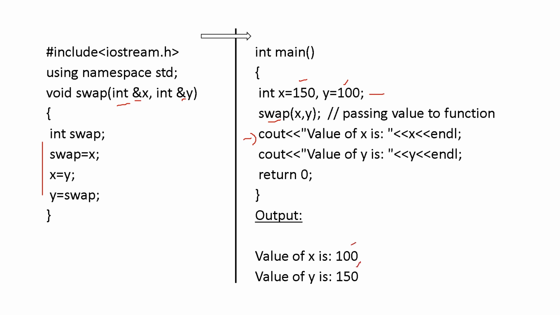Here the given was x is 150 and y was 100. So with these values, it comes to the swap, and it will be interchanged, and then x becomes the y value and y becomes the x value. So x is equal to 100 and y is equal to 150. The swapped value is the output.